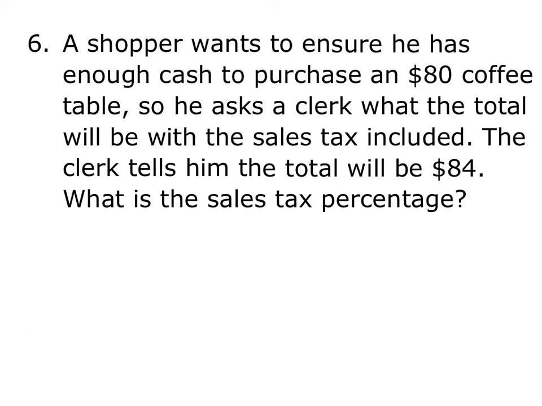So once again, we're given the original amount, and asked to figure out what percentage we paid in sales tax. Now, before we can figure out the sales tax percentage, we need to know how much tax we paid. And we can tell that if we paid a total of $84, if we subtract out the coffee table, the $4 that is left behind is our sales tax.